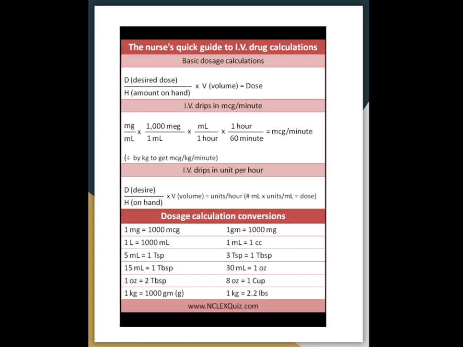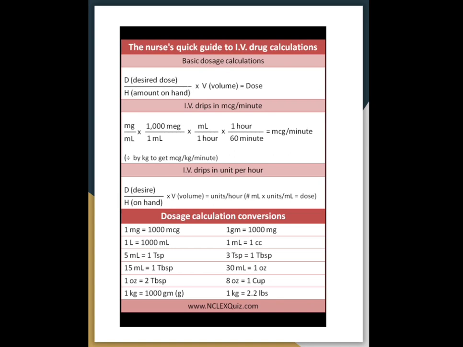All right, desired dose D over amount on hand H times volume V. And that volume could be in milliliters, but V can sometimes mean vehicle, referring to the route that the medication may be given. Not always the route either, but the formulation of that medication.